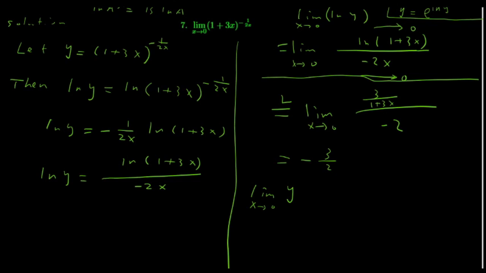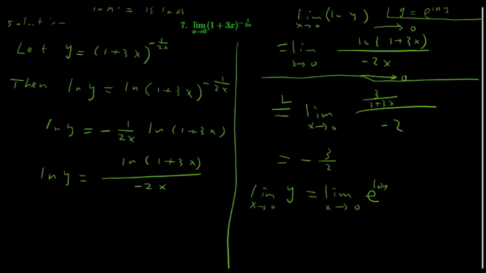Now we are going to make use of that. Strictly speaking, we need to use the property that the exponential function is continuous. We take the limit of y, which means we are taking the limit of e to the power of natural log of y, as x goes to 0.